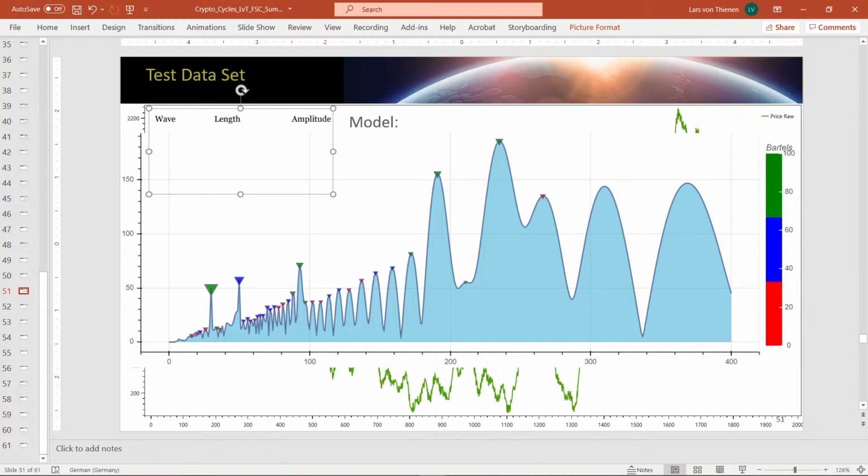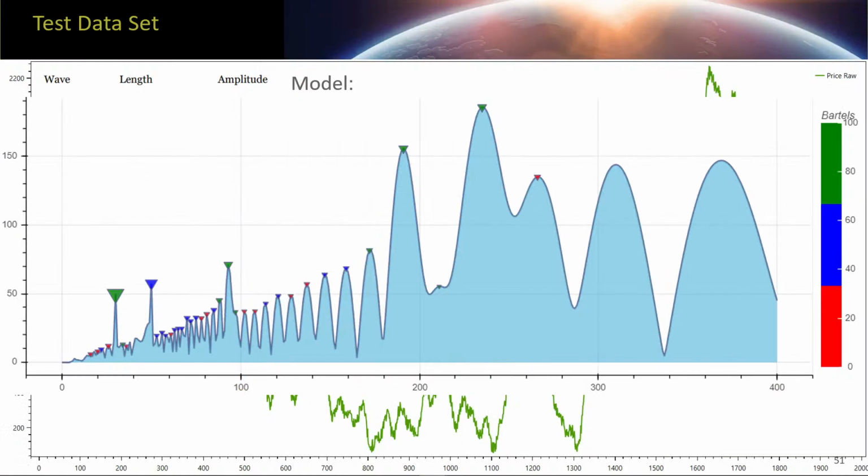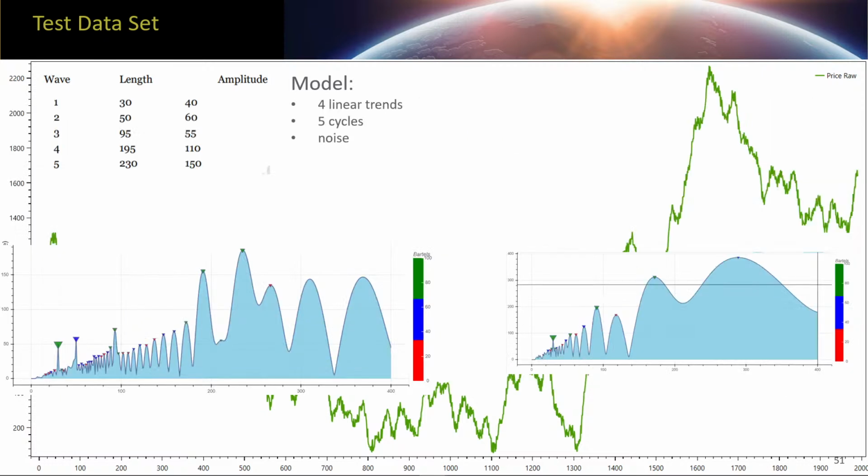So therefore, let's remove this one here.